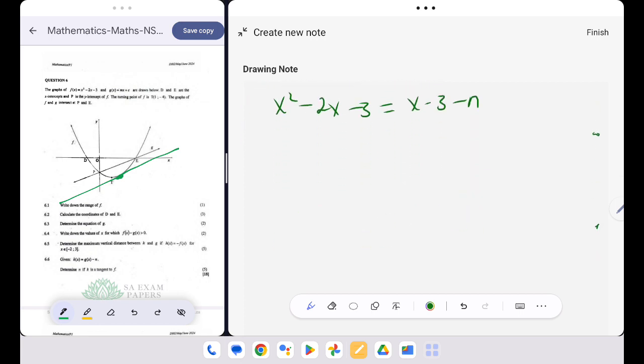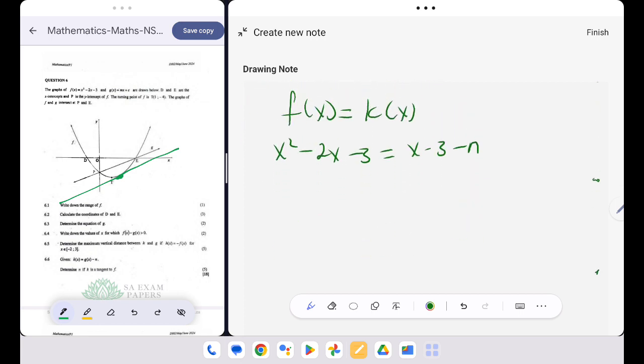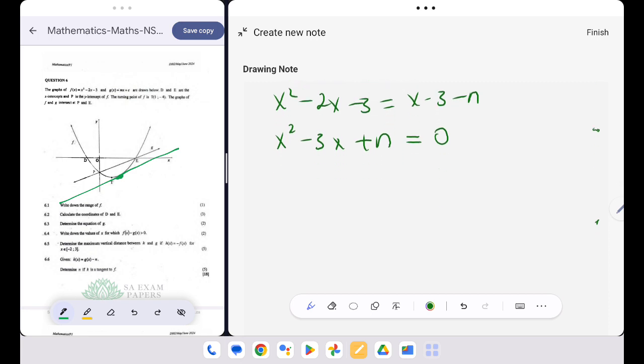So in this case, I'll just put everything on the left hand side and 0 on the right hand side, basically putting everything in standard form. I'll have x squared minus 3x plus n is equal to 0. This is the equation of the intersection.